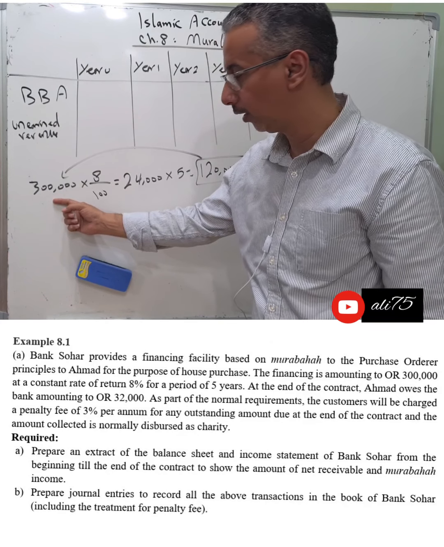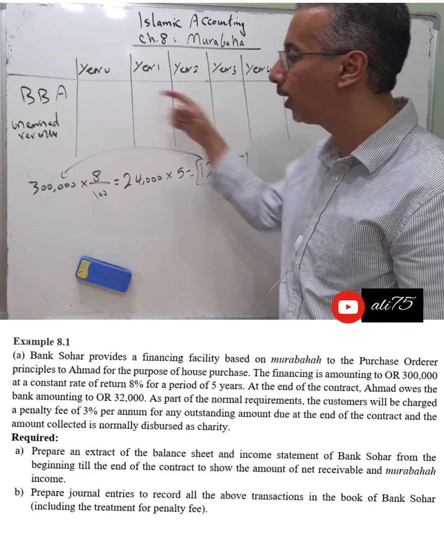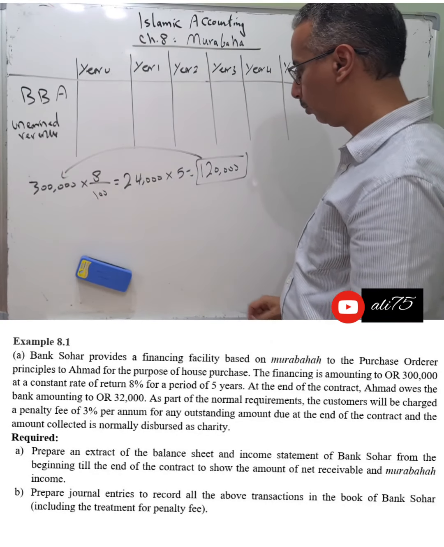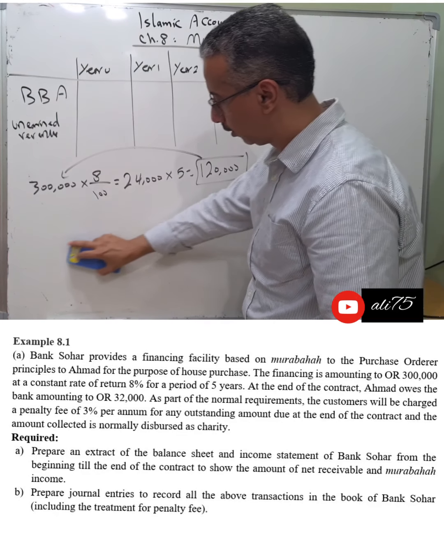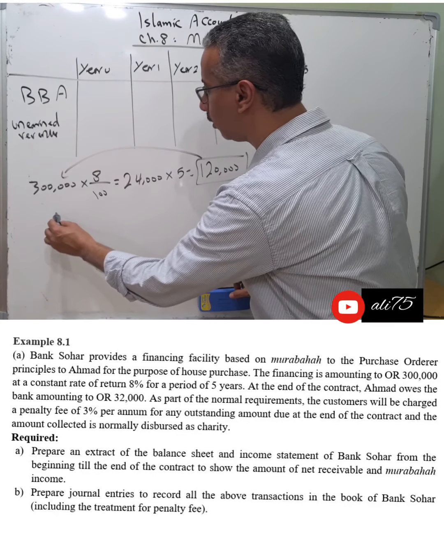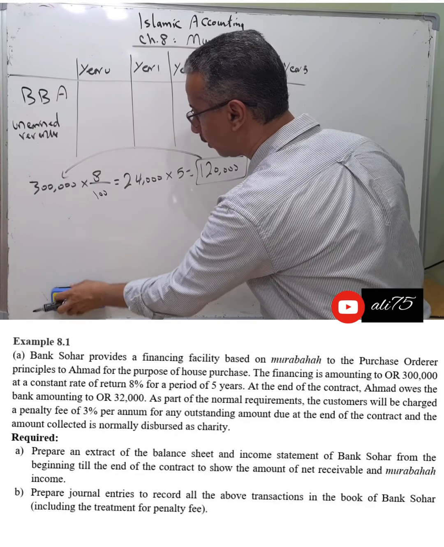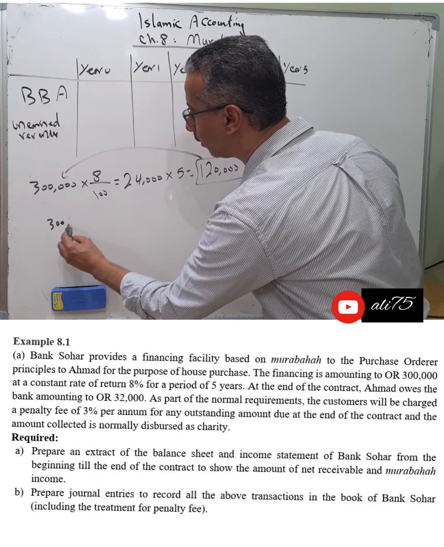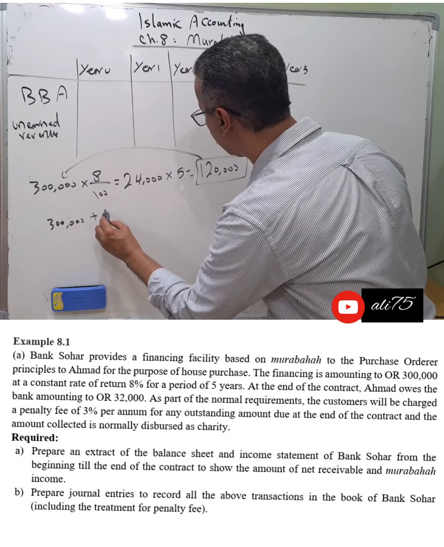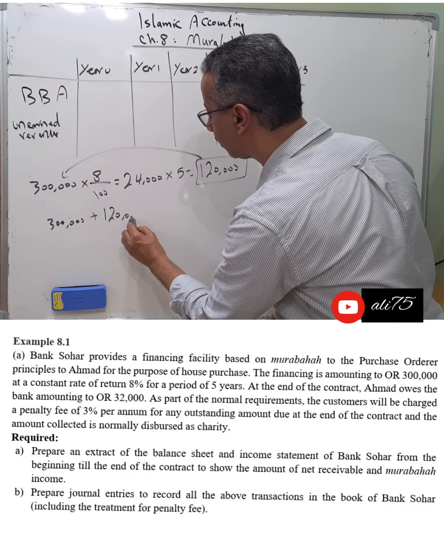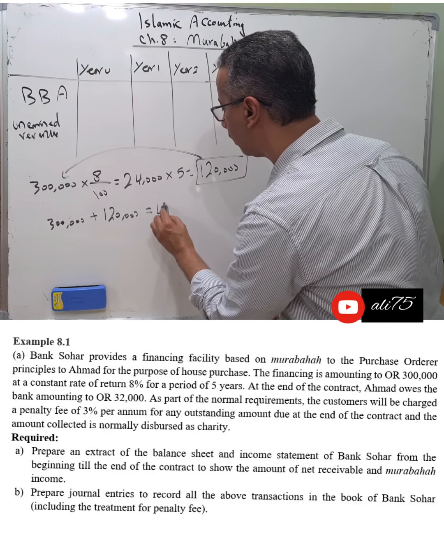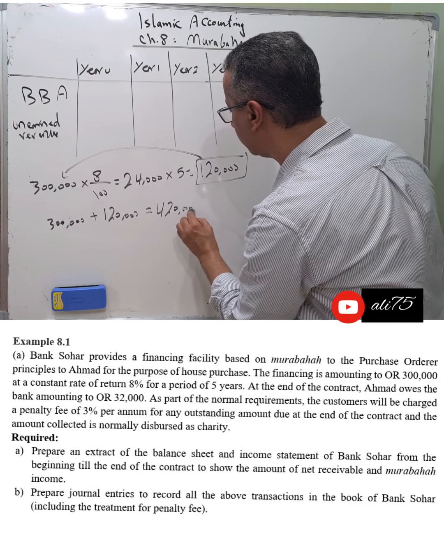This is the cost of the house, and this is the amount that the bank will add to this cost. So the total will be 300,000 plus 120,000, which is 420,000.